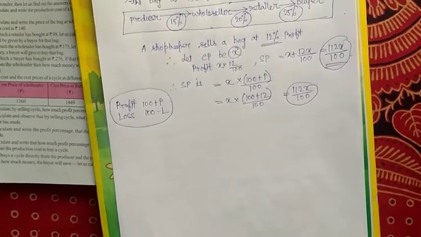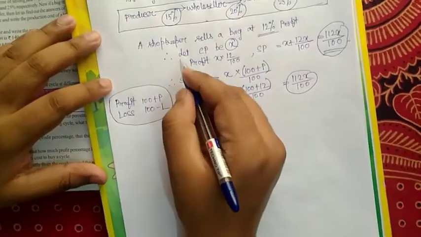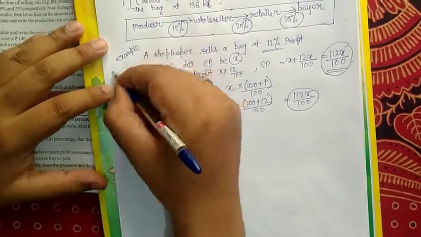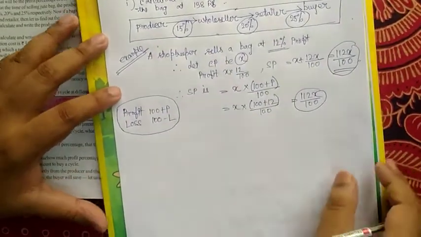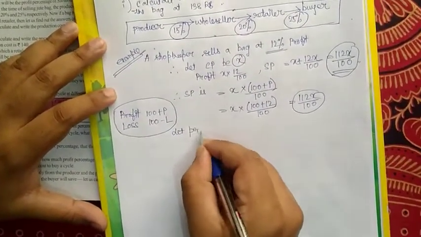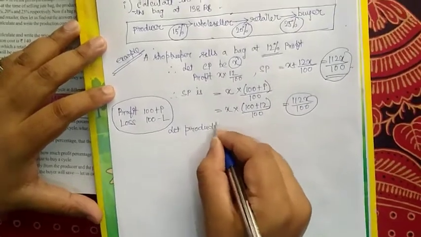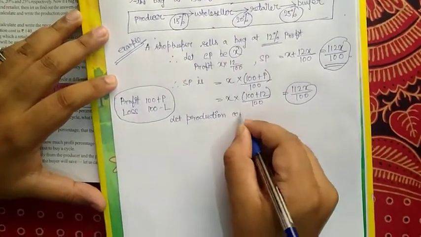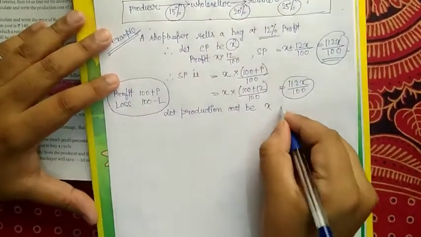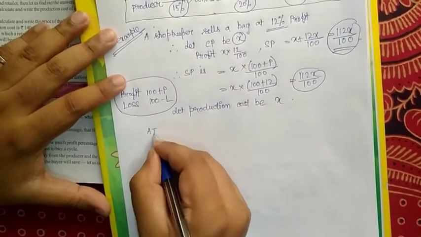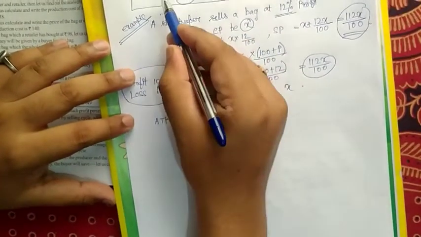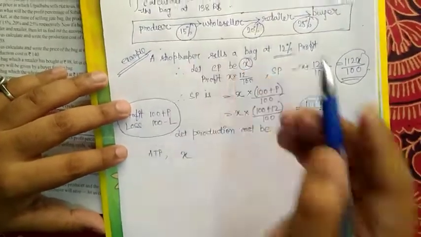So here this is one type of example. Here we don't know the production cost. Let production cost be x. According to the problem, production cost is x. From producer to wholesaler the profit is 15%.